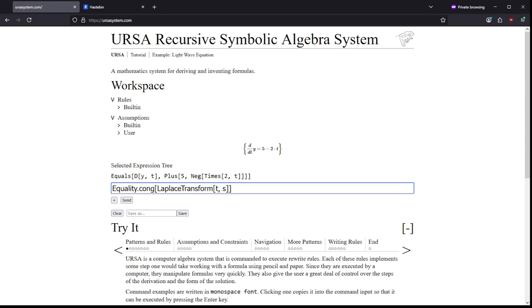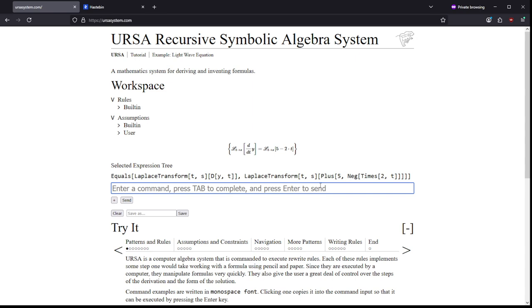That is a Laplace transform that transforms a function of t into a function of s. And so that's just been applied to both sides. So now our equation is the Laplace transform of this equals the Laplace transform of that. And these are totally inert. It's just saying it's the Laplace transform of something equals the Laplace transform of something else.